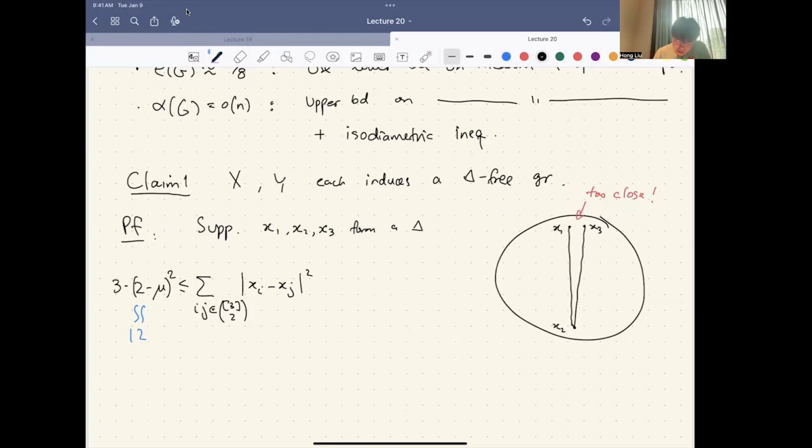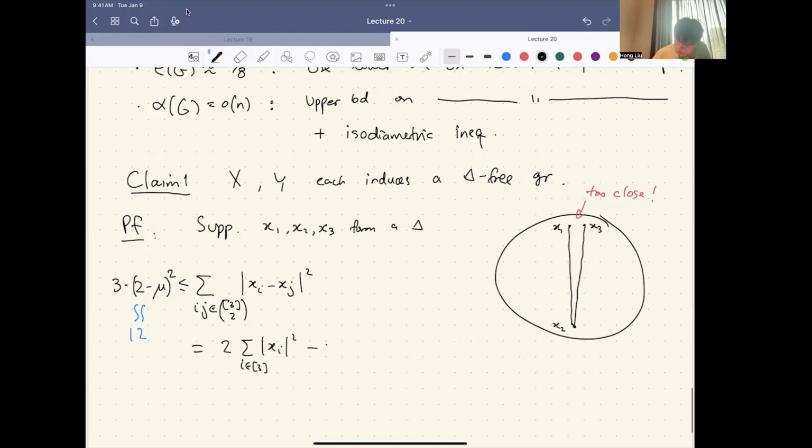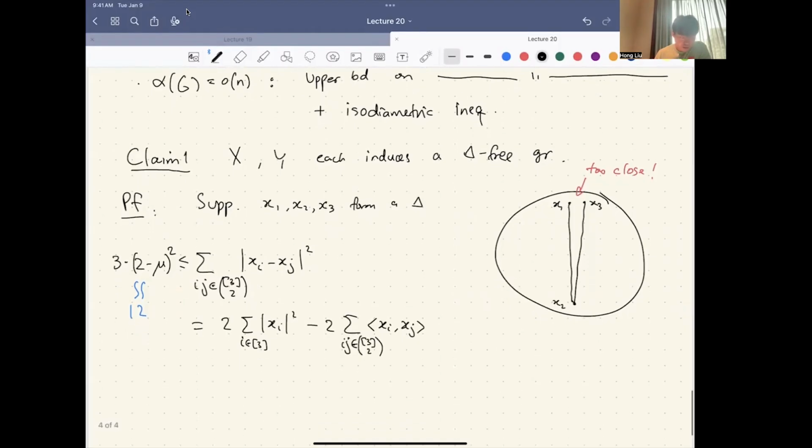On the other hand, we can expand the right-hand side. The right-hand side equals 2 times the sum of xi squared minus 2 times their inner products, over ij in 3 choose 2.